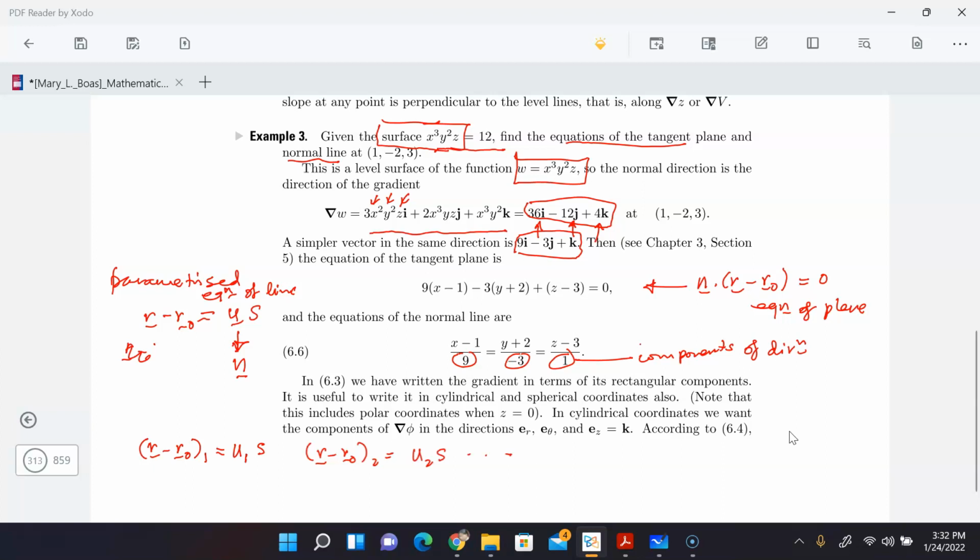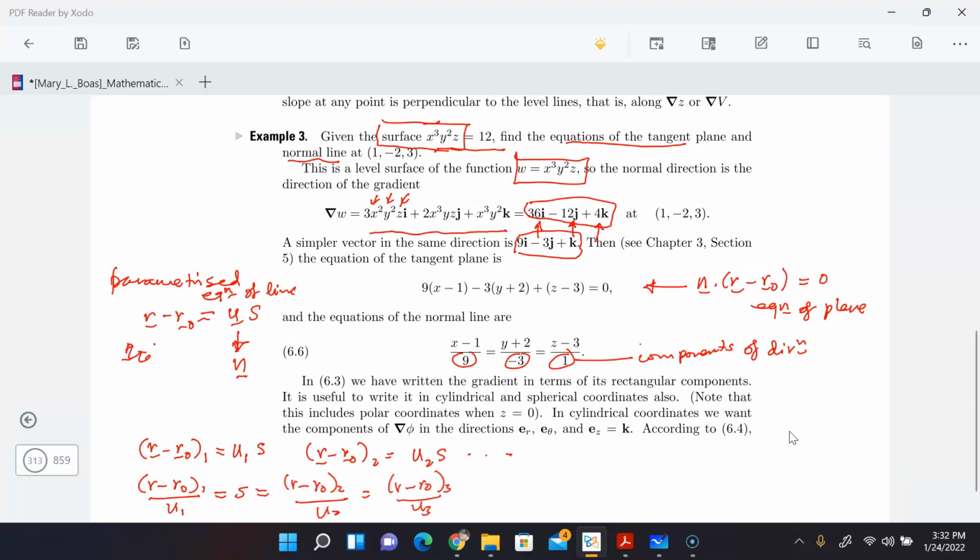So when you divide this by u1, for example, r minus r naught 1 divided by u1, this will give you s, but s can also be given by r minus r naught 2 divided by u2, and the same thing, r minus r naught 3 divided by u3.